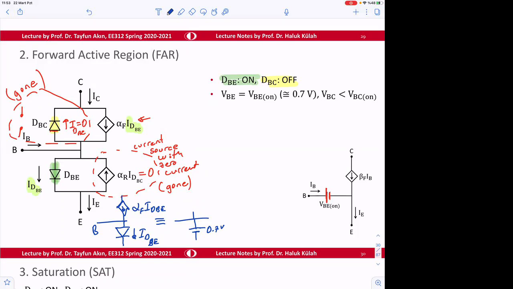This element is going to be a current source. 0.7 volts here.